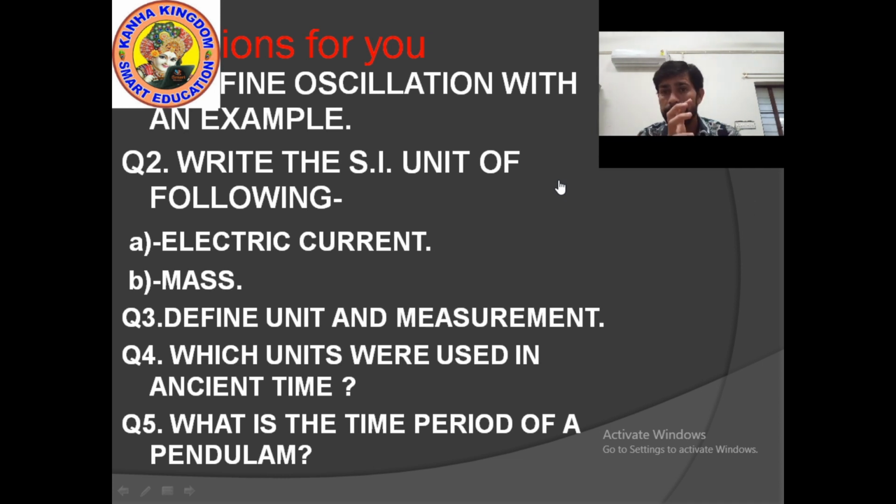And you know that in ancient time people used to measure time with a sand clock, sundial, and water clock. But nowadays we use digital clock, smart watch, and wall clock, meaning pendulum clock.